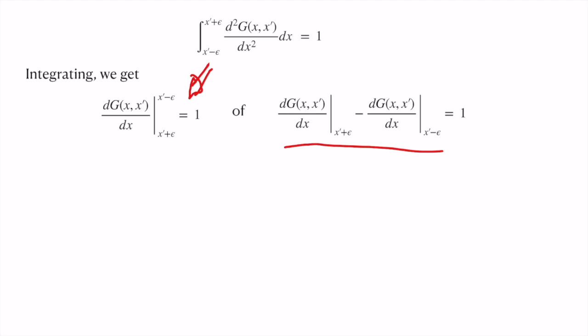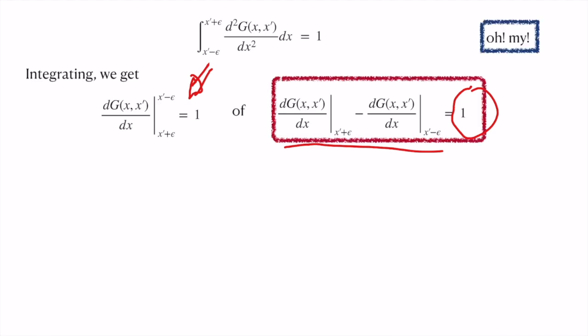So this is basically the derivative on the right hand side minus the derivative on the left hand side as epsilon tends to 0, and that is equal to 1. Surprisingly, the derivative of the Green's function is discontinuous at x equal to x prime. So this does not say anything about the solution. It only tells about the Green's function, which is discontinuous at x equal to x prime.